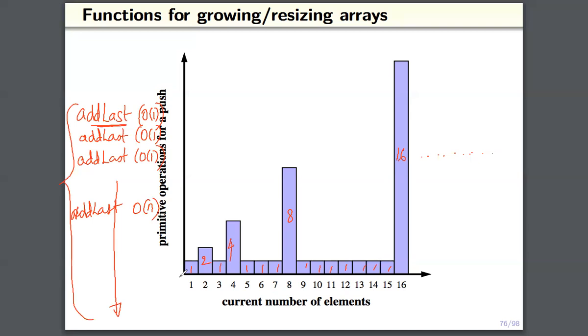How do you solve it? You can say if size is equal to power of 2, then add last takes O of n time. If size is not power of 2, then it takes O of 1 time.